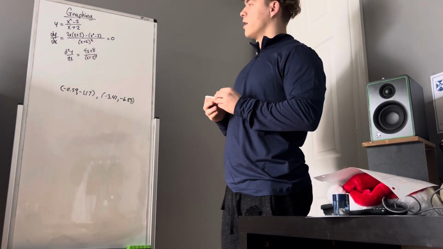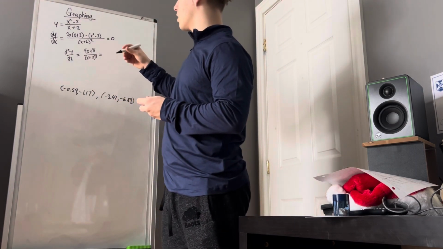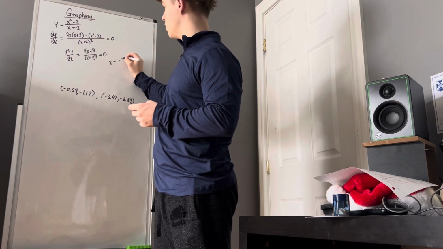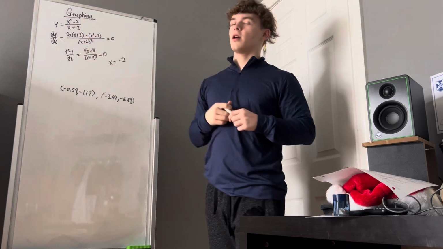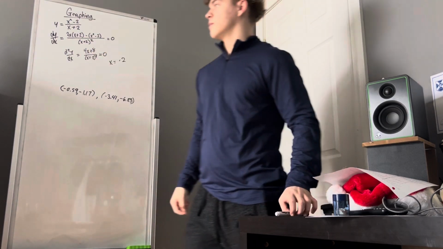And what you're going to find is, if we set this equal to 0, we're going to get x equals -2. But if we plug -2 into our function, we're actually going to get a value that does not exist.